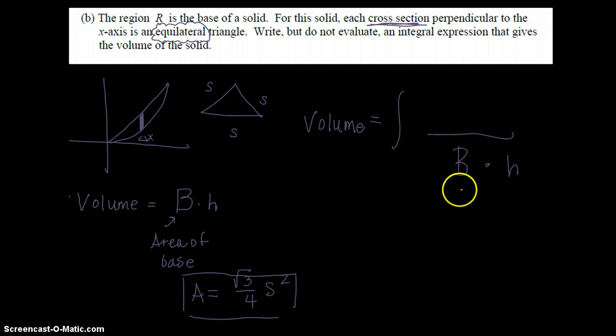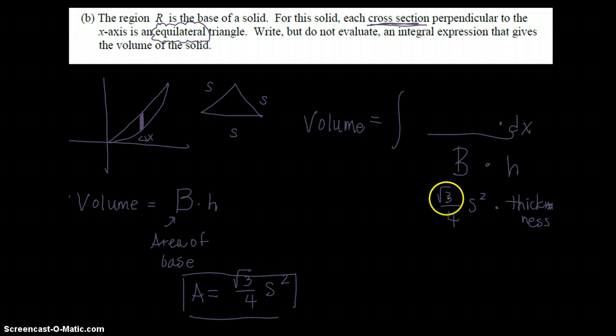And we decided that the area of the base in this case, because it's an equilateral triangle, is root 3 over 4 side length squared. And we've been talking about that the height, running off the screen, the thickness there, is going to be dx, or in this case delta x, on the graph, and dx in the integral.